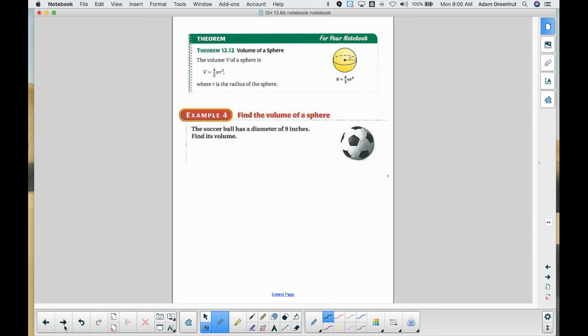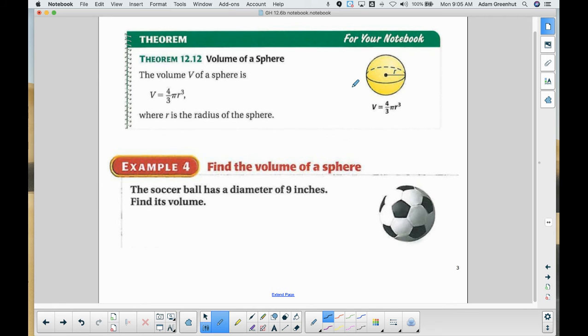All right, so let's go give it a shot. 4/3 pi r cubed. If the diameter is 9, find the volume. Well, volume equals 4/3 times pi times the radius, which is half the diameter, of course, cubed. So we're going to do 4.5 cubed times 4/3, so the third times 4/3.